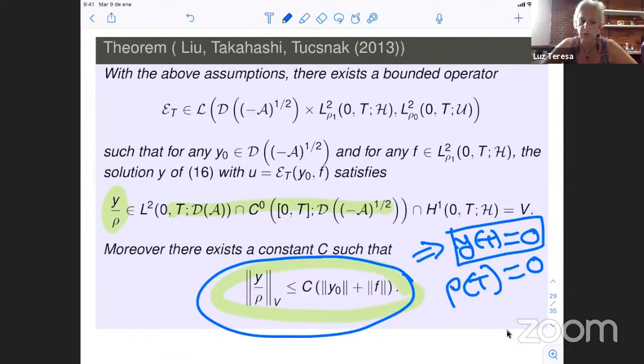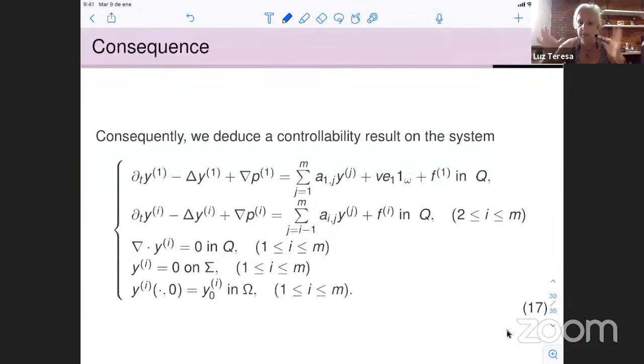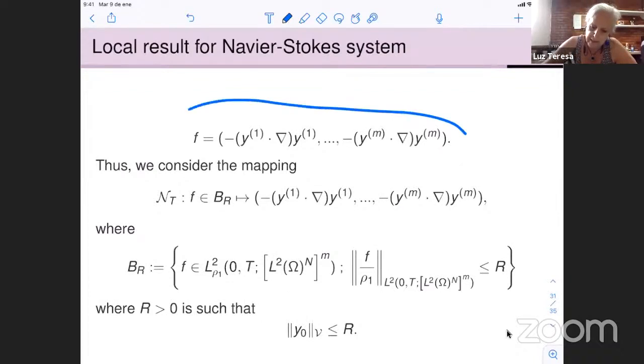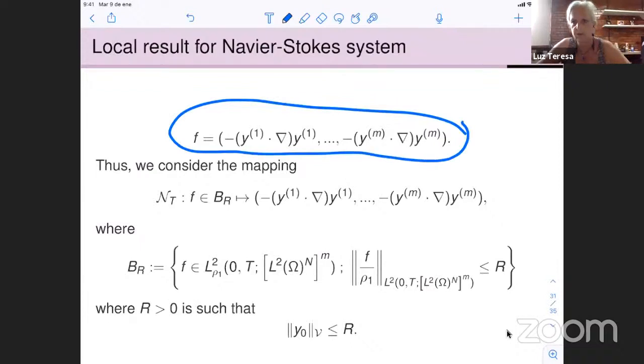And then using this result of Liu, Takahashi, and Tucsnak, you're able to transform your linear result, because you're able to control my original system when I have this function F on the right-hand side, and then define F precisely as the nonlinear part that belongs to Navier-Stokes. So you have to work with that.